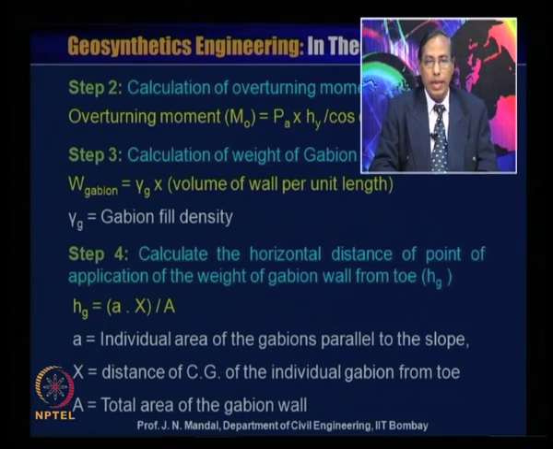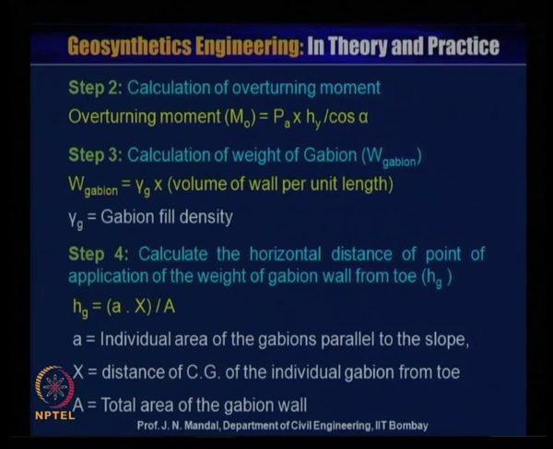That means Hg is equal to summation of a into x divided by A, where a is the individual area of gabion parallel to the slope. I mentioned this earlier.